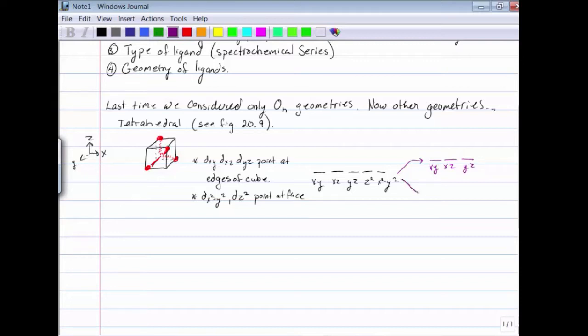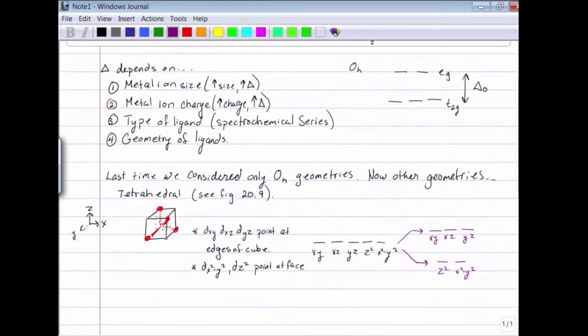And the other 2 interact less with the ligands, and those 2 are z squared and x squared minus y squared. And so basically here we have an upside down octahedral splitting. So if I look back up here at my octahedral splitting, I had the opposite case where 2 of the orbitals were of higher energy and 3 were lower. When I label these orbitals, my high energy set is going to be triply degenerate.